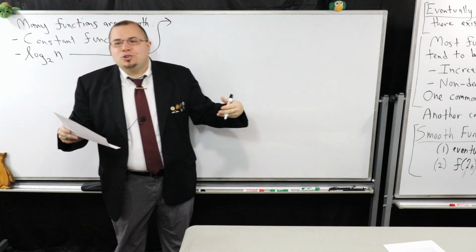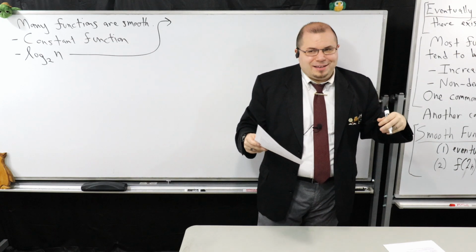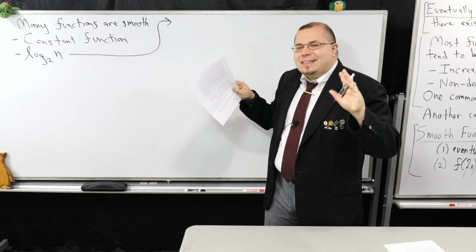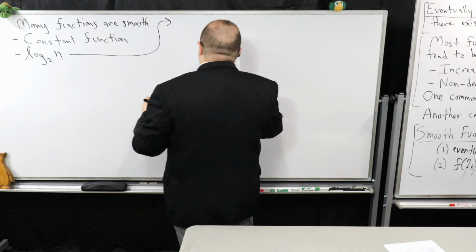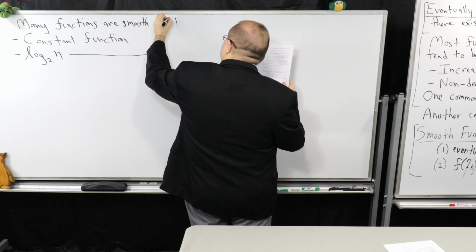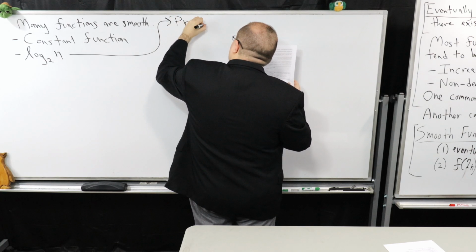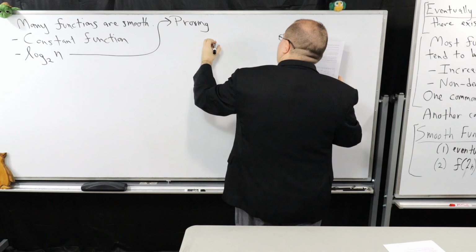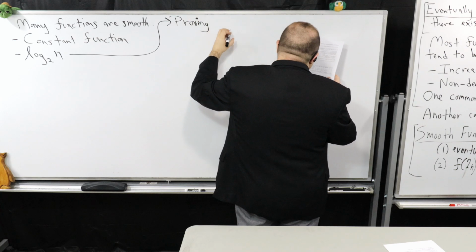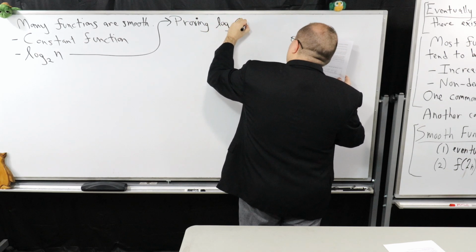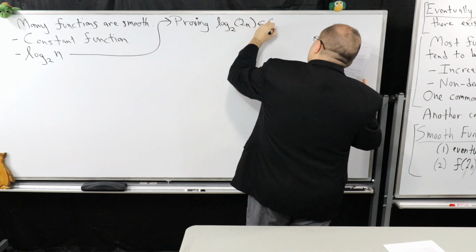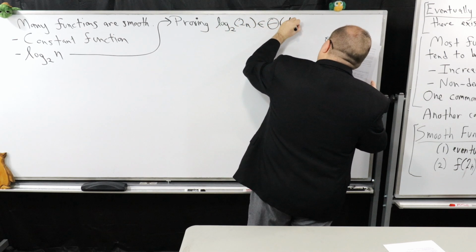I'm going to pick out a tool, since I've already talked a little bit about calculus anyways. Why don't I use that limit theorem I showed you earlier on in the course, just to illustrate how I could use it, seeing as I didn't really do any examples with that one. So we're going to try proving that log base 2 of 2n is big theta of log base 2 of n.